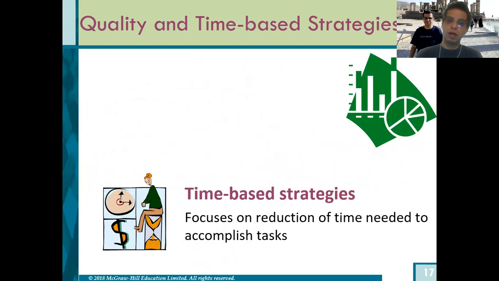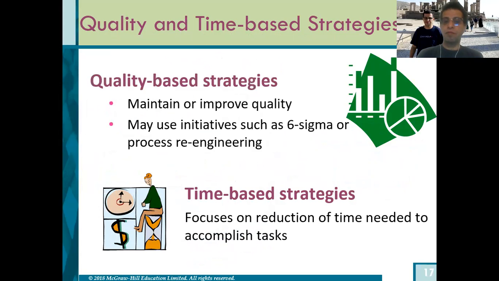Now, for the quality and time-based strategies, the time-based strategy is focused on reducing the time needed to accomplish task A or B or C. But then you have the quality-based strategy, which is to maintain or improve the quality that you are producing, and may use initiatives such as Six Sigma and process reengineering. That's another way of doing it. And we will spend one chapter on Six Sigma and how it works.